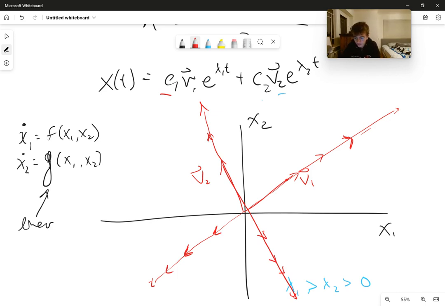So as long as the coordinate starts on some positive multiple of v1, then that positive multiple will grow exponentially in magnitude. If I start with a negative scalar multiple of my eigenvector, that negative sign is just going to grow exponentially.